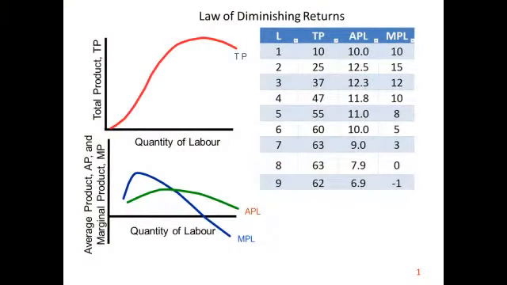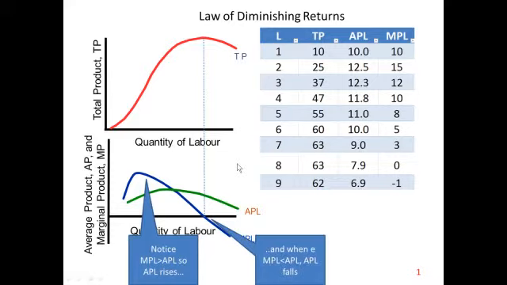Okay, quick recap. We can see from our screen what we talked about previously, the law of diminishing marginal returns. We can see that when the marginal product of labour is rising, with the addition of the first one or two units of labour, the average product of labour is rising as well, and it gives us a rising total product curve, etc. We saw that when the marginal product of labour was zero, total product maxes out, and we ended up with what we call a hill-shaped average product curve.